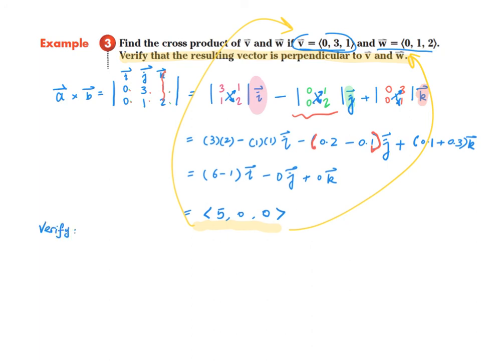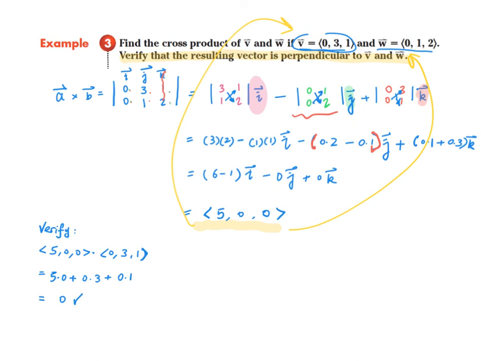To verify when two vectors are perpendicular, we do the dot product, and our final answer should be 0. We multiply: 5 times 0 plus 0 times 3 plus 0 times 1. Everything added together is 0. Great. That means that these two vectors are perpendicular to each other.